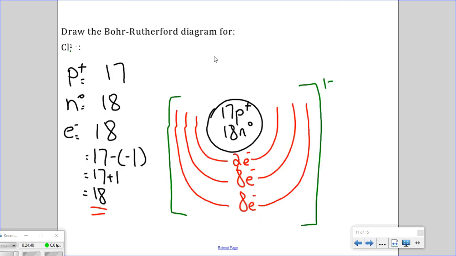Using this way to figure out electrons, we can go about drawing Bohr Rutherford diagrams for ions. We figure out the number of protons in the same way, so it is the atomic number. Neutrons are calculated in the same way: atomic mass minus atomic number.